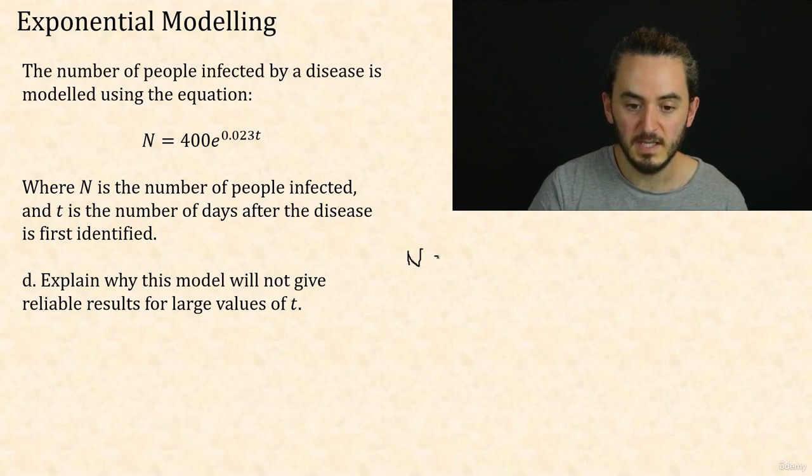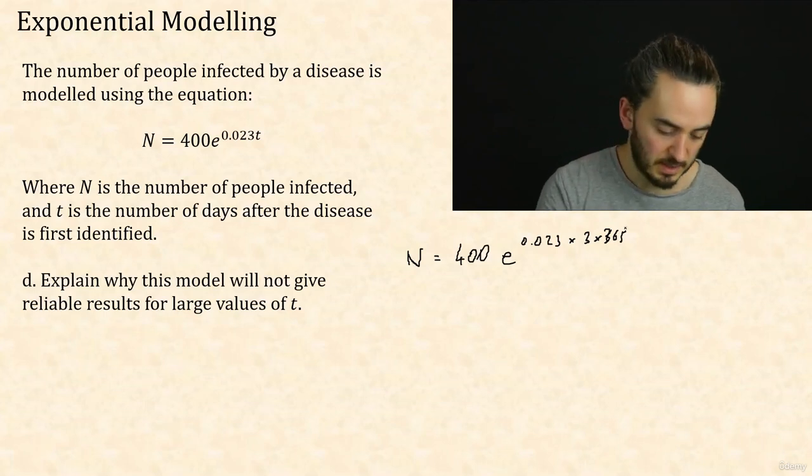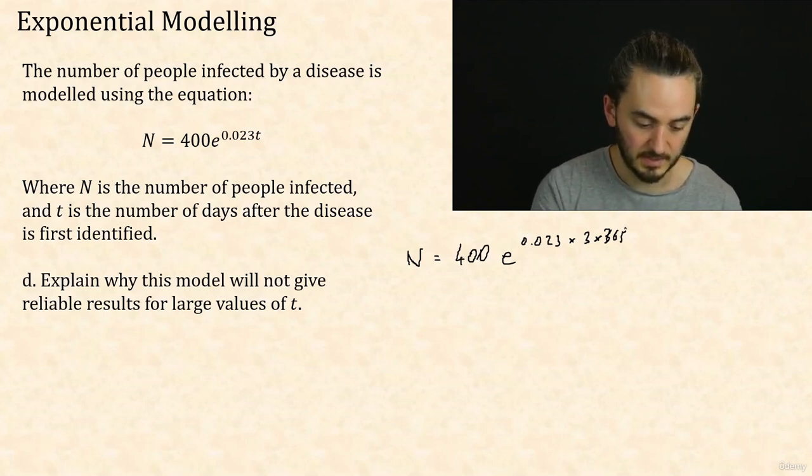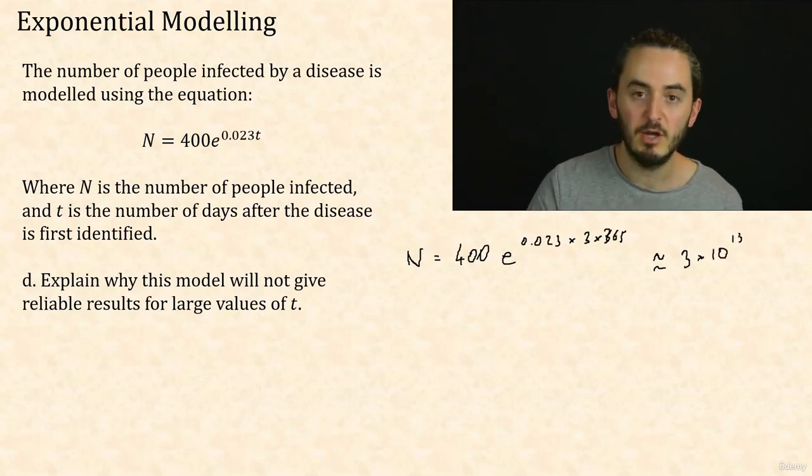Well, after 3 years, you'd get n equals 400 e to the power of 0.023, and 3 years is 3 lots of 365. Now, this is going to be, I'm expecting, an absolutely insanely huge number. Okay, it's about 3 times 10 to the 13, so trillions. Okay, so there aren't trillions of people.